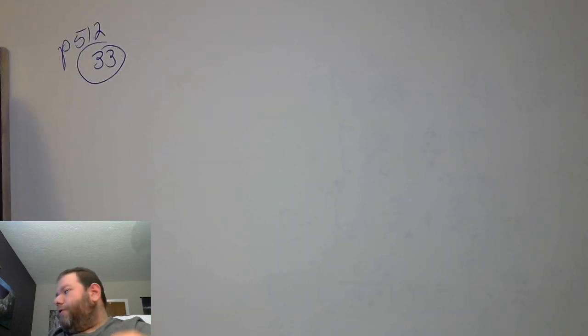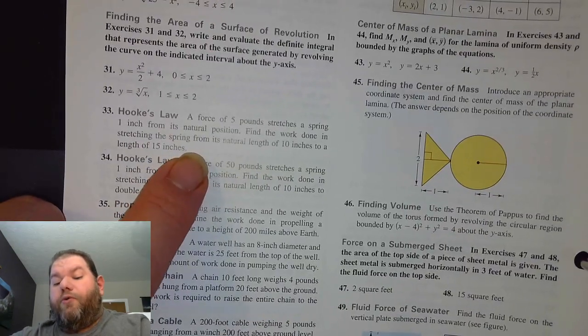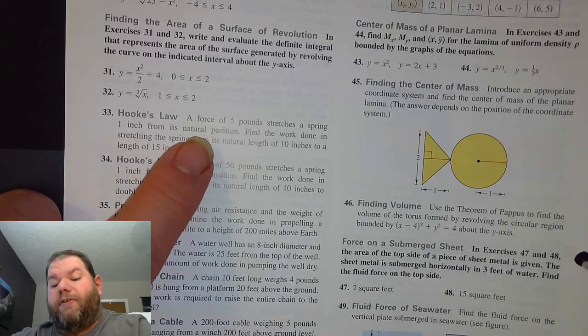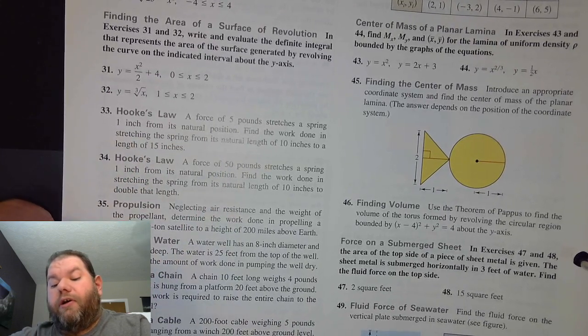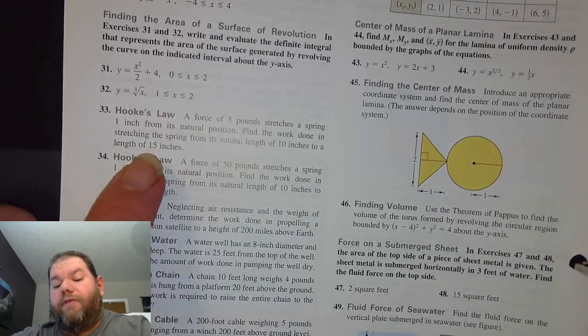So number 33, again, this is Hooke's law. A force of 5 pounds stretches a spring 1 inch from its natural position. Find the work done in stretching the spring from its natural length of 10 inches to a length of 15 inches.